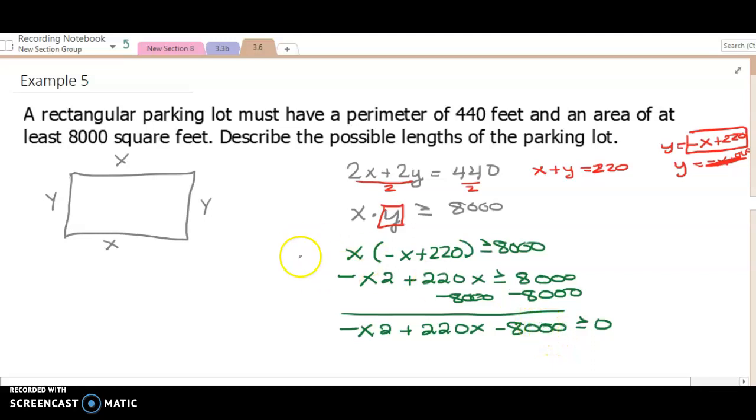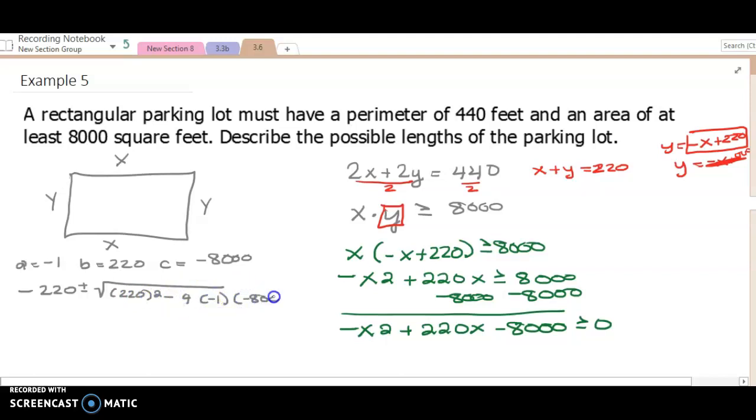My a is negative 1, b is 220, and c is negative 8,000. So negative b, so negative 220 plus or minus the square root of 220 squared minus 4 times a times c, all over 2a.